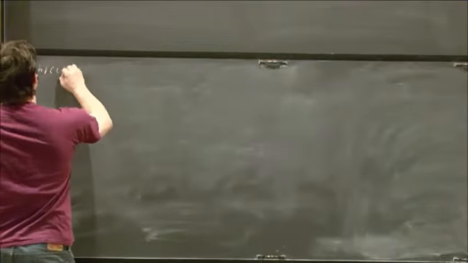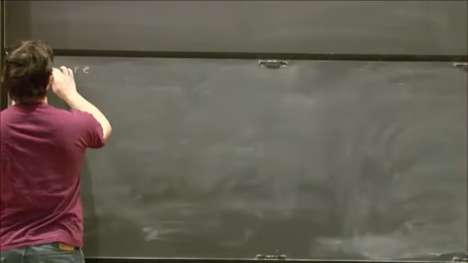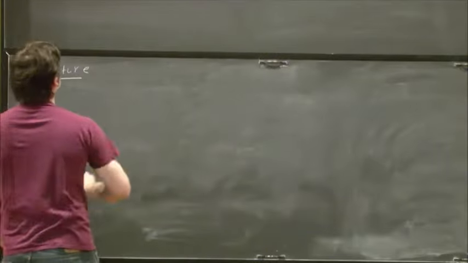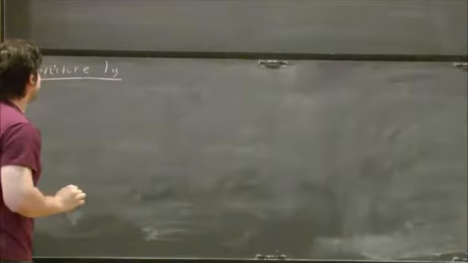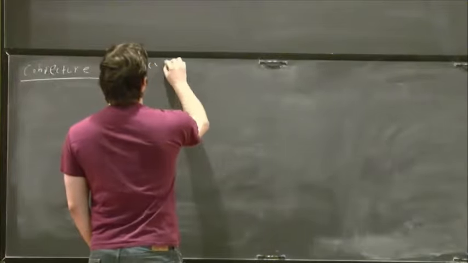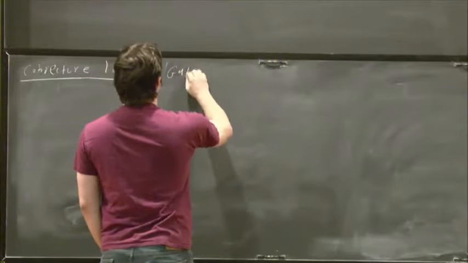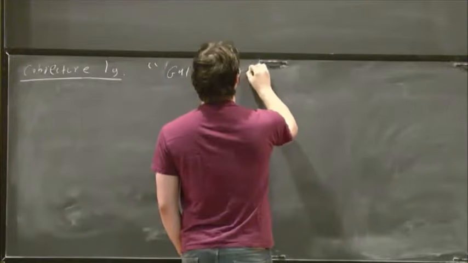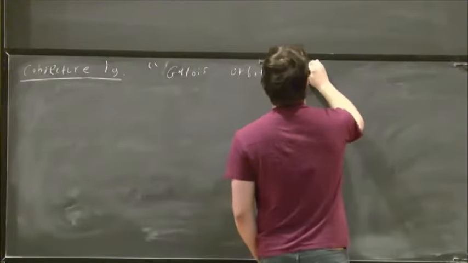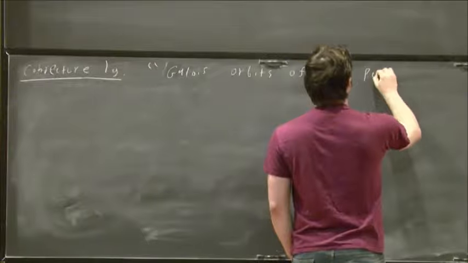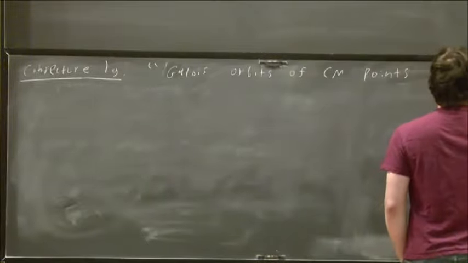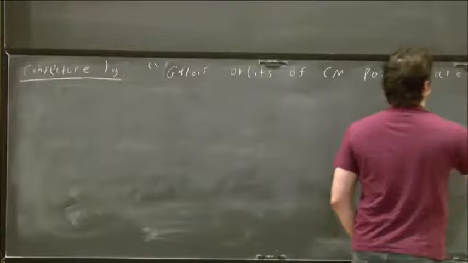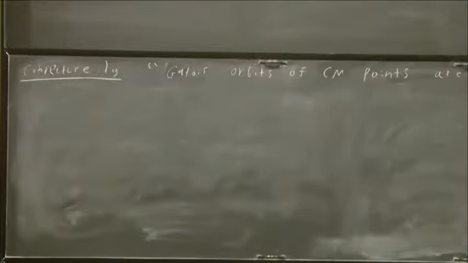Glibly, I'm going to call it conjecture 1 sub g, and you'll see why in a moment. What it basically says is that Galois orbits of CM points are large. If you take a CM point, it can't be defined over a low-degree number field.